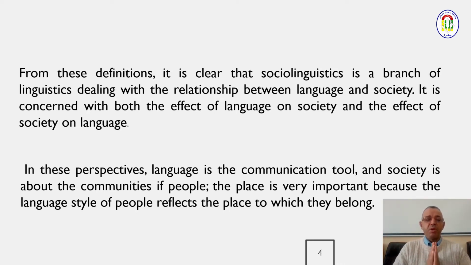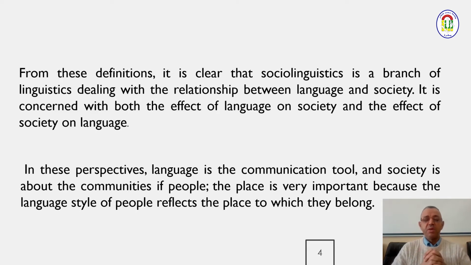However, when we talk about macro social linguistics, it is not an inside description of language. It is an outside description of language. What do we mean by an outside description of language? It is to describe language in relation to other domains. For example, the description of language in relation to society has given us the birth of social linguistics, and the description of language in relation to psychology has given us the birth of psycholinguistics.